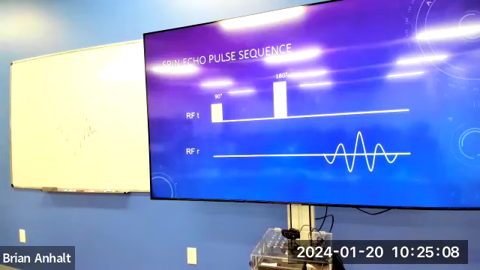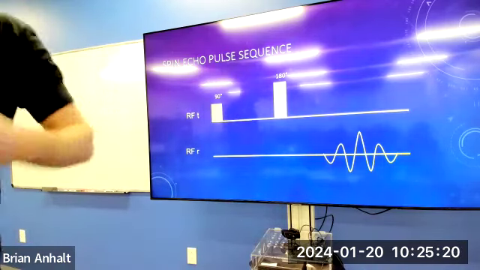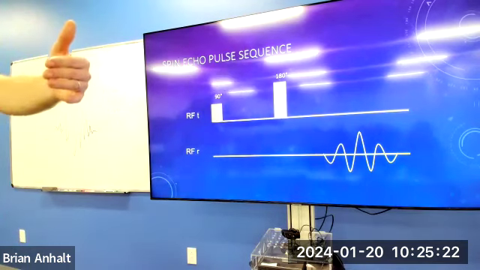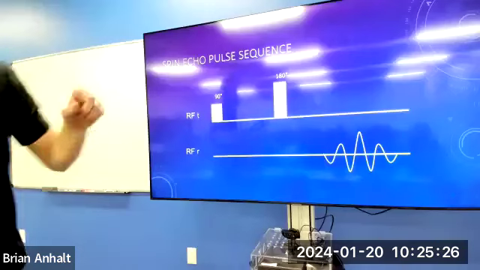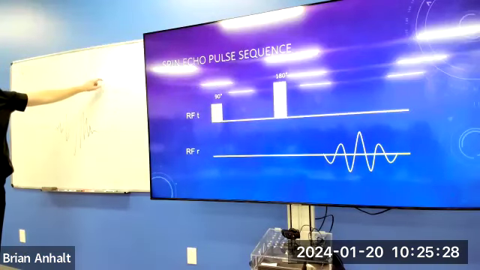So if I want to look at the signal at 100 milliseconds, I wouldn't be able to if I just let everything dephase. I have to refocus it and get it to come back together. So yes, partially. If we want a long TE, we want the protons to be in phase except for the true T2 interactions.